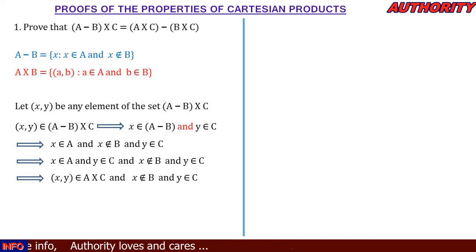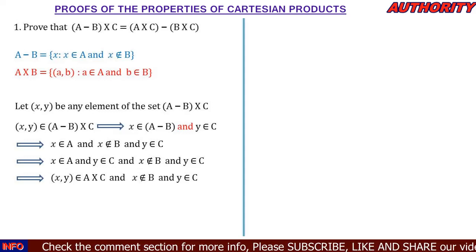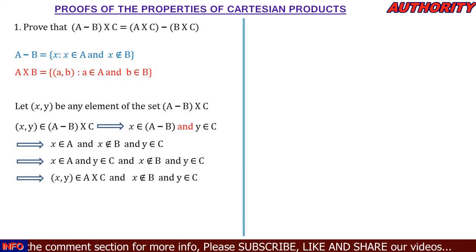Now let's go again. In the beginning, or in our destination, where are we going? We see that we have A cross C difference B cross C. You see this, right? Now look at this. We say that we have X comma Y. It exists in A cross C, and the X is not in B and the Y is in C. Now look at it.